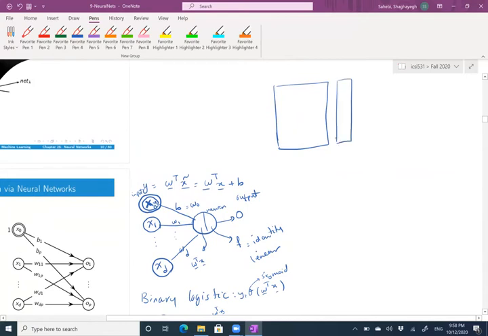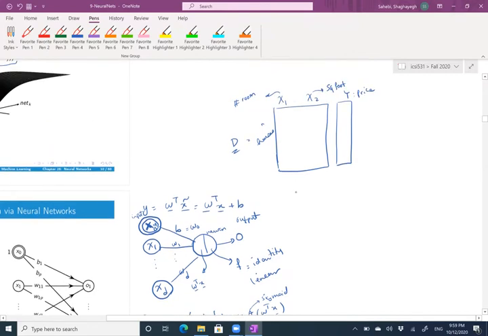So we have, for example, n houses in our data set, and our X1 is number of rooms in the house, and our X2 is square footage of the house, and Y is the house price, right?